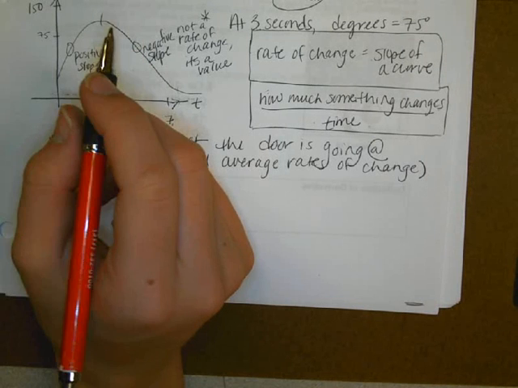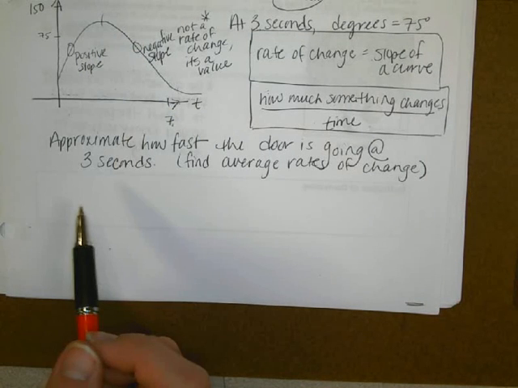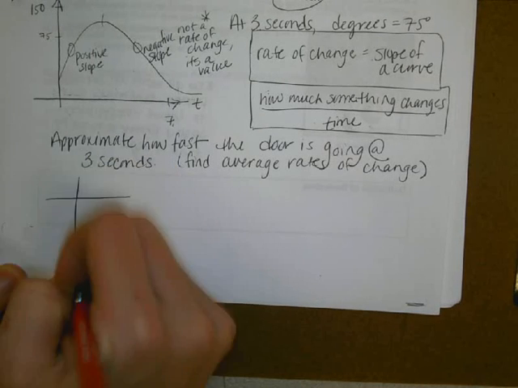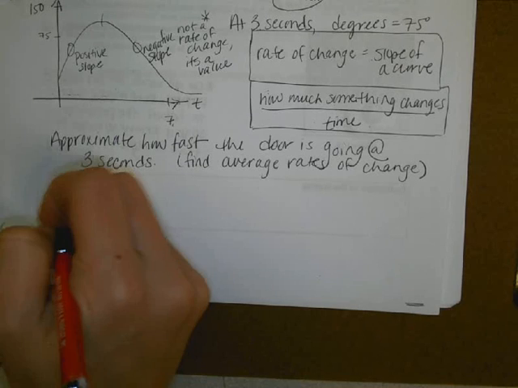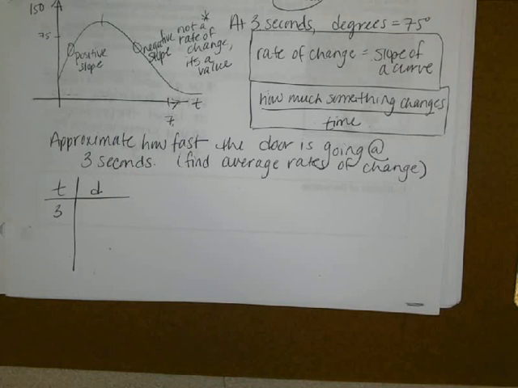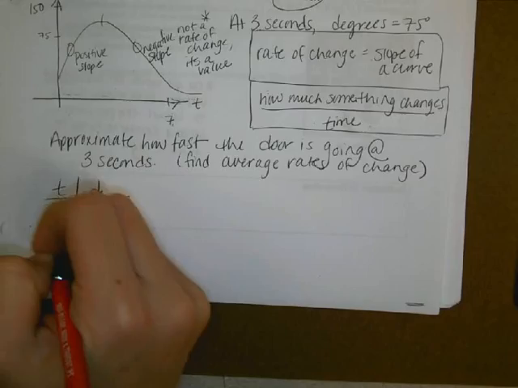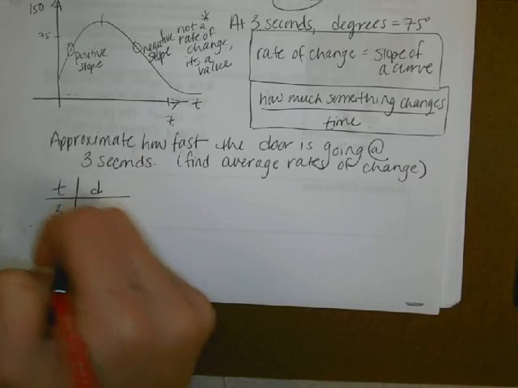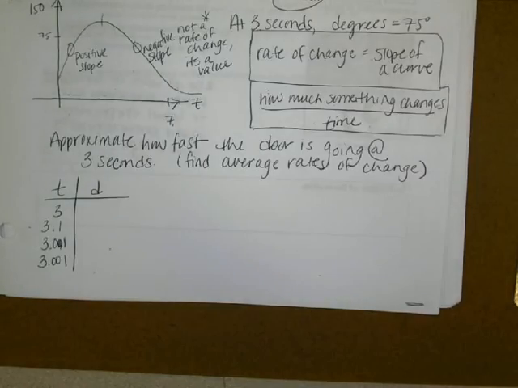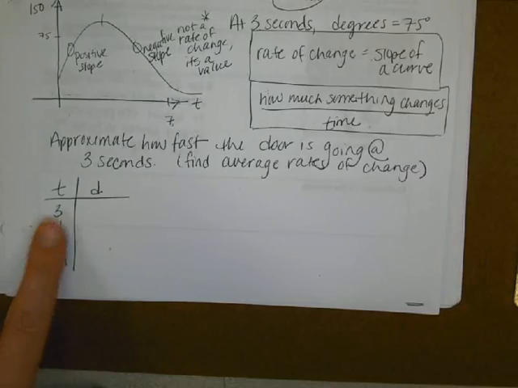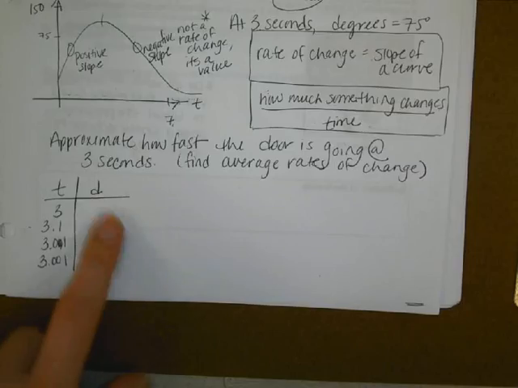So we're going to go ahead and set up a couple of problems here. The t values and the d values. Now, I have a time value of 3. We're going to use 3.1, 3.01, 3.001. Now when I set up this problem, I'm going to use slope as my foundation.